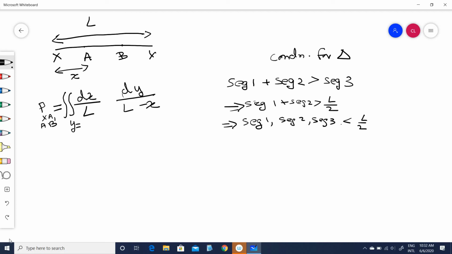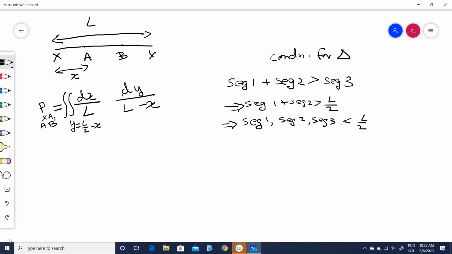So now coming back to this integral, the lower limit for y has to be L by 2 minus x. Why is that the lower limit?